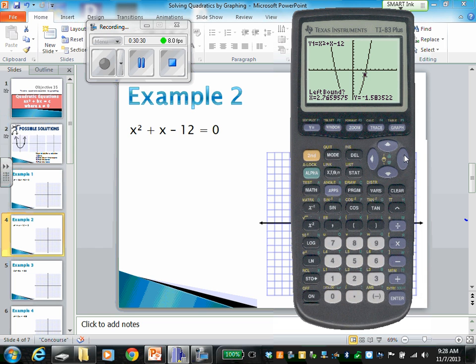So on this point, left bound would be below. Right bound would be above. And when you click enter, you get that x is 3. Okay? And it says error. So again, oh, that's right. So what happens if you get your left bound and right bound mixed up? It says error bound, which means you went the wrong direction.